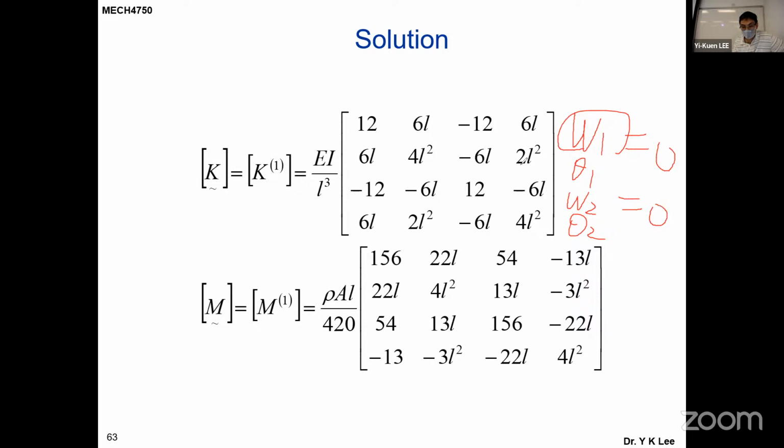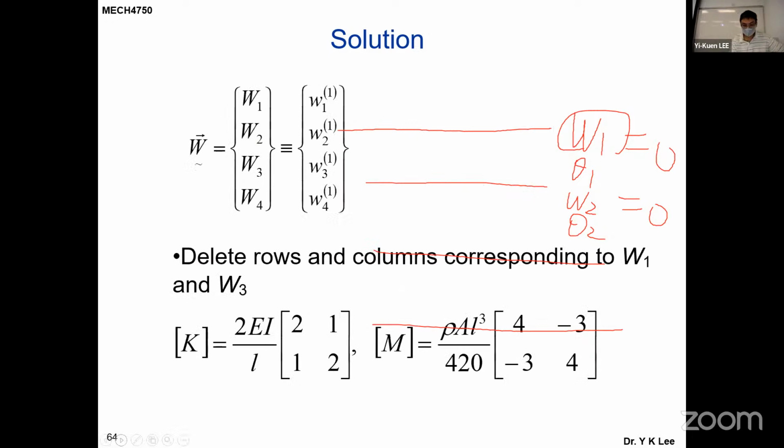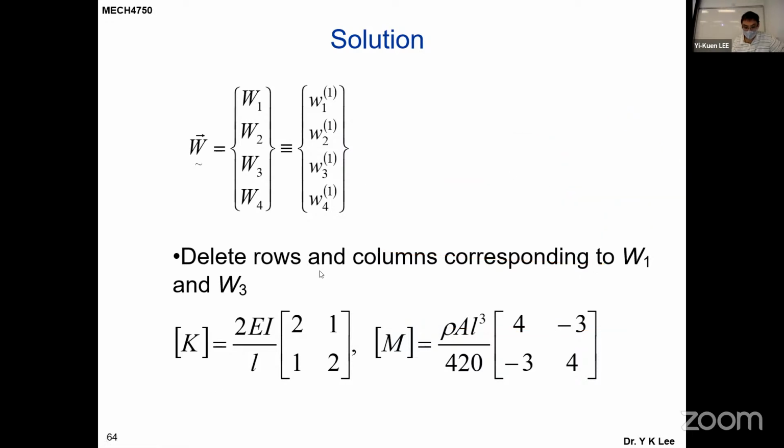So that means we have to delete this one and this one. So we can reduce this 4x4 matrix into a 2x2, deleting the row and column corresponding to the linear displacement. You can see our vibration of this simple support beam becomes a 2 degree of freedom model.